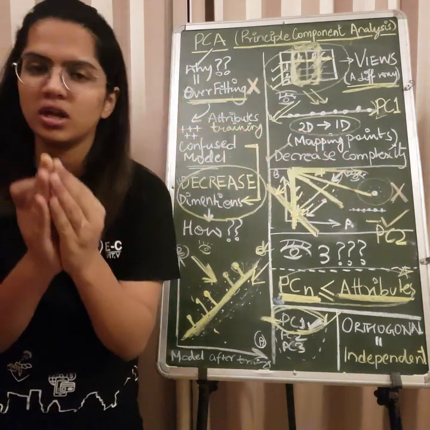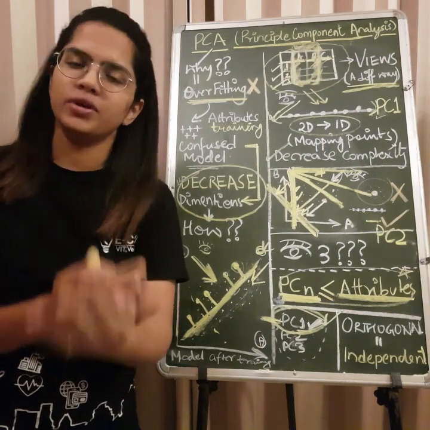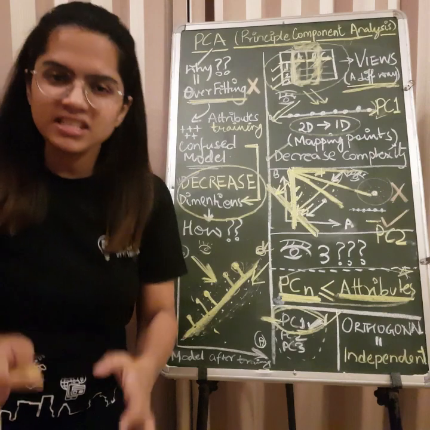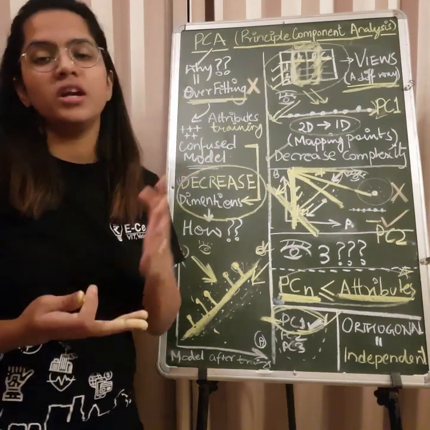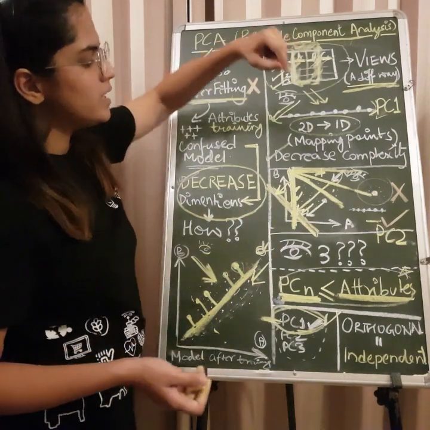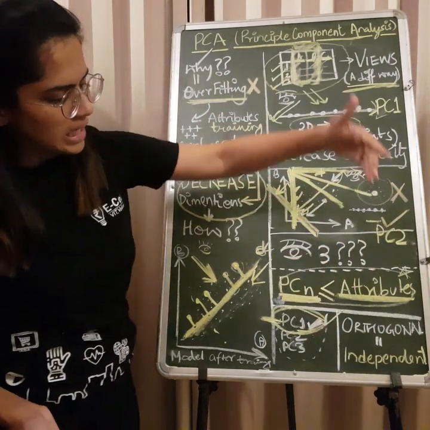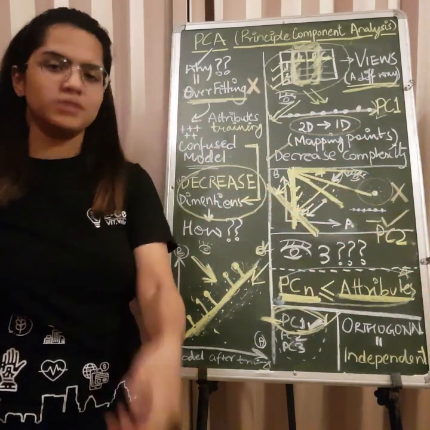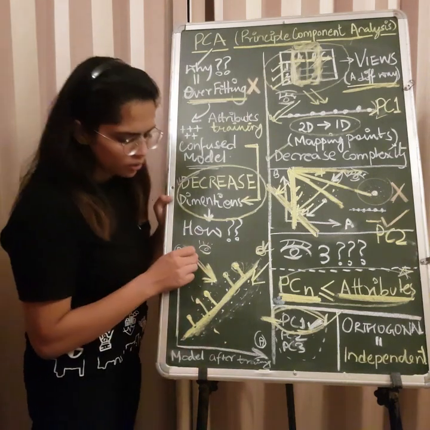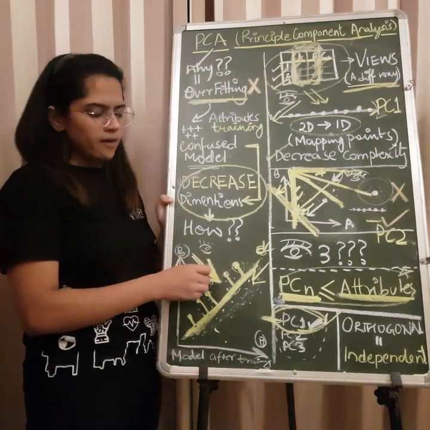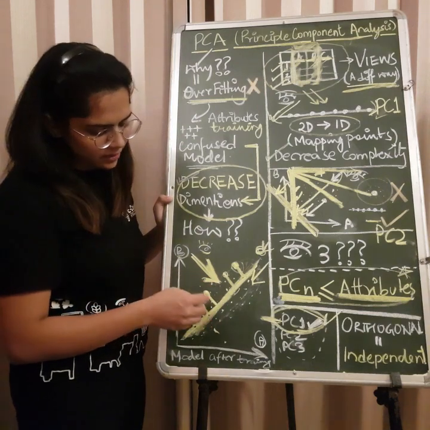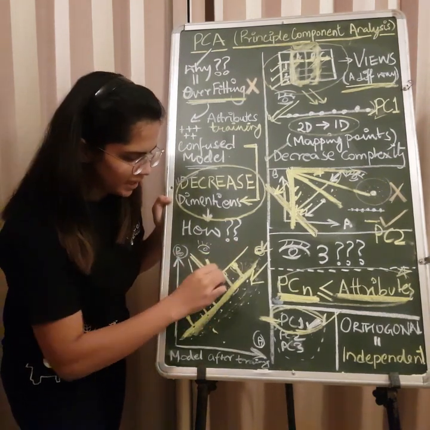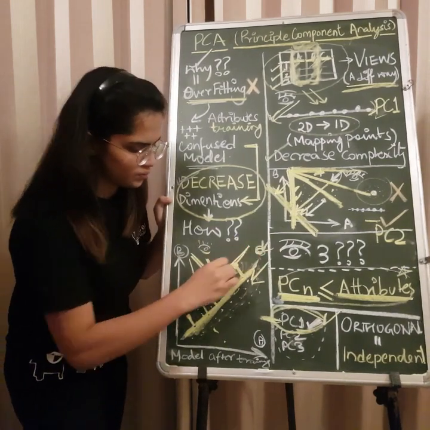That means if they are not at an angle of 90 degrees to each other, some part of these components will overlap. That is why it is an important observation that the number of principal components is less than or equal to the attributes and they will always be orthogonal to each other. That is why if we took one view like this, we cannot take another view say at this angle. It has to be in the plane of the original view.